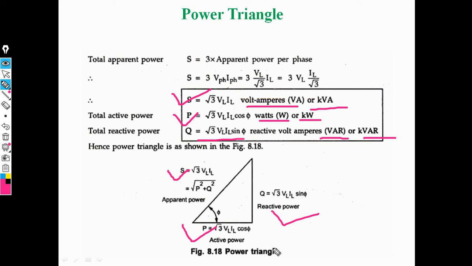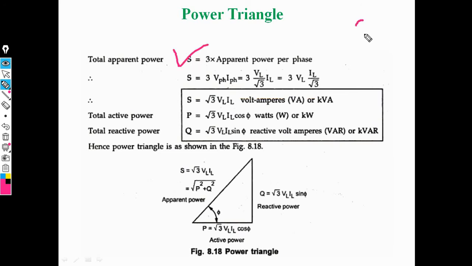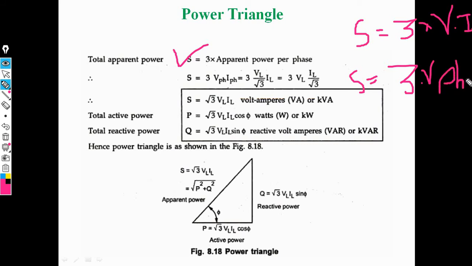Now we need the total apparent power. S is equal to root 3 VI. Then S is equal to, we need the phase voltage and phase current, that is VPH IPH.